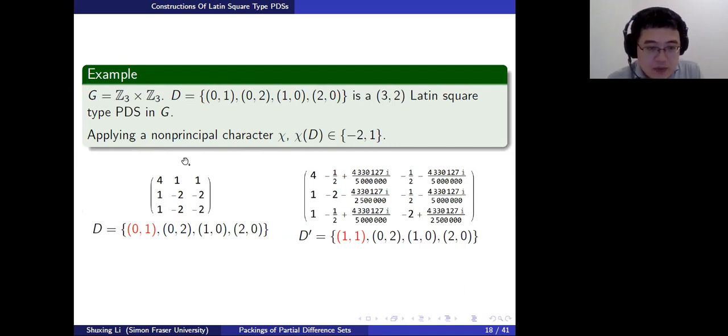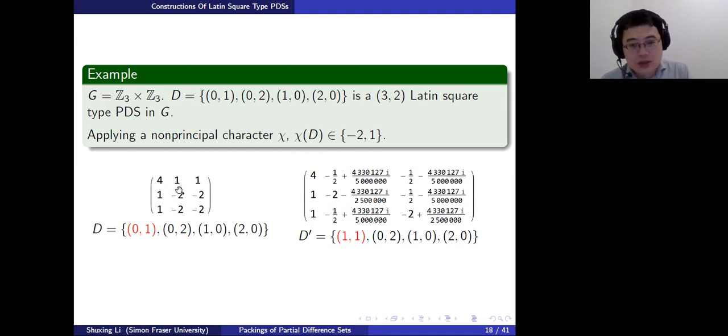And if we arrange the 9 character values in a 3 by 3 array, we have something like this. So the top left corner is associated with the principal character. So this number is telling us the size of the subset D. All the other entries correspond to non-principal characters, and as we have seen, those values should be either -2 or 1.